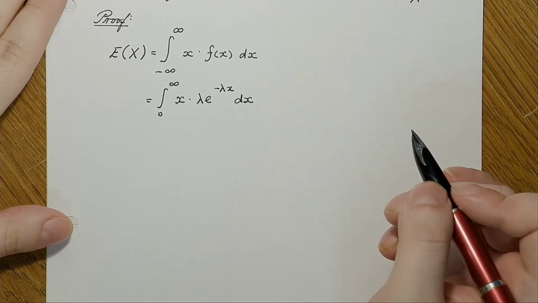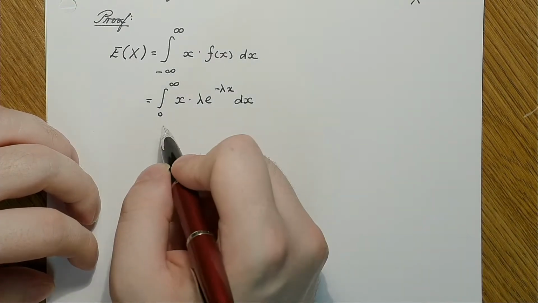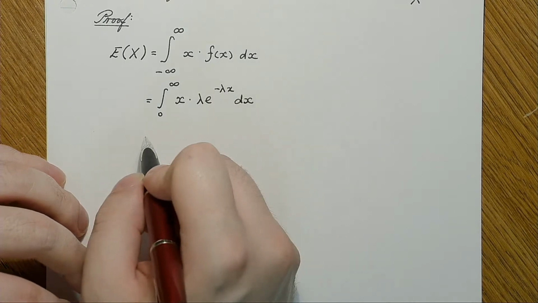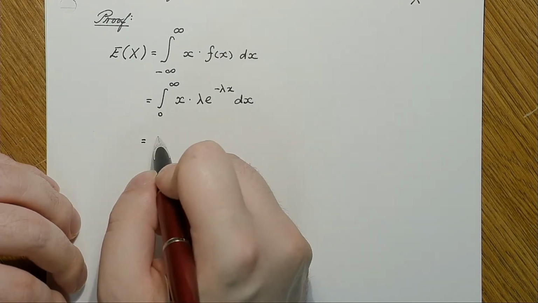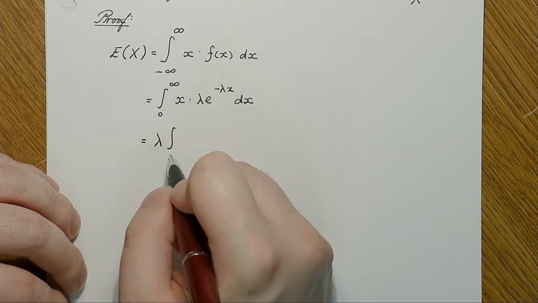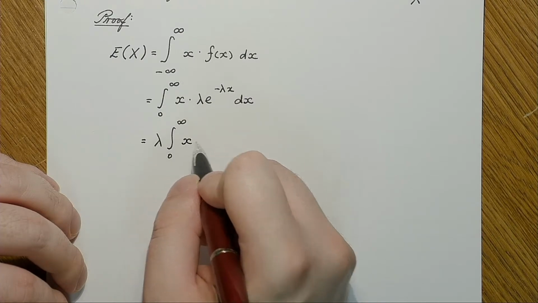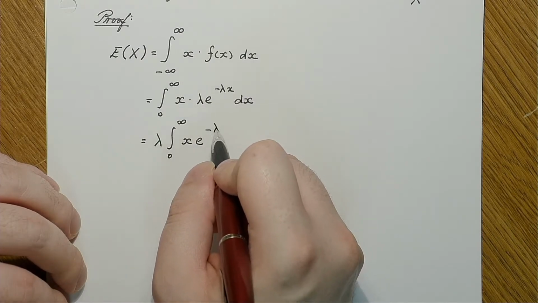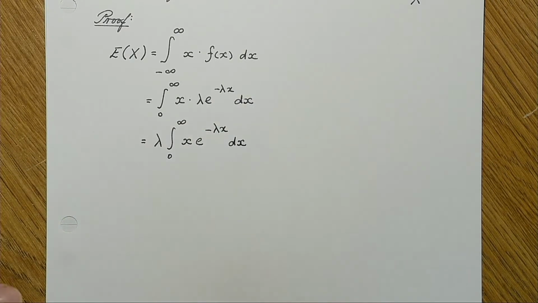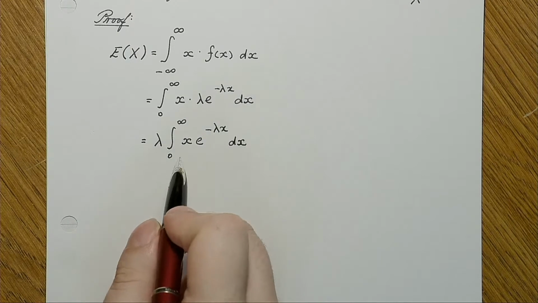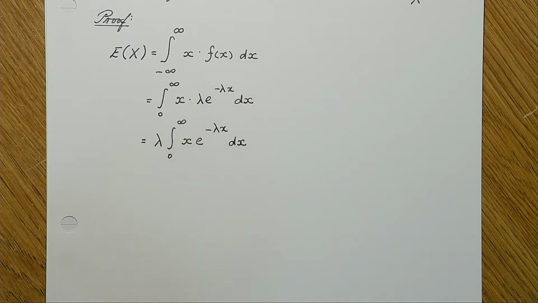Okay, so with this, what things can we do? Well, I can pull out that lambda because it's a constant. So now I'm left with the integral of x e to the minus lambda x dx.